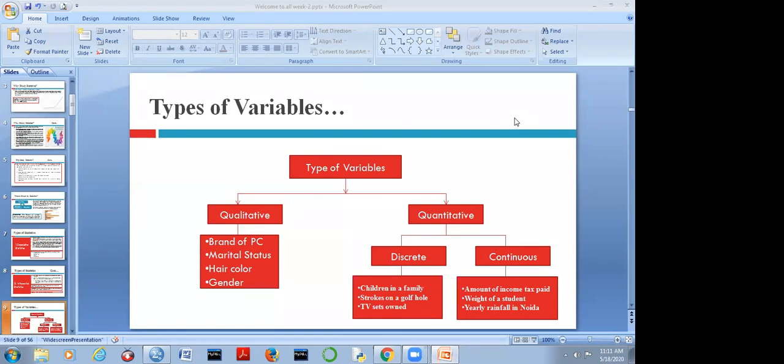Then we go for continuous. Amount of income tax paid. Here you can take a decimal number, you can take a slab. Do you understand slab? Income tax is a range from this much to this much. Can you give me an example of continuous data from the questionnaire I gave in the morning?